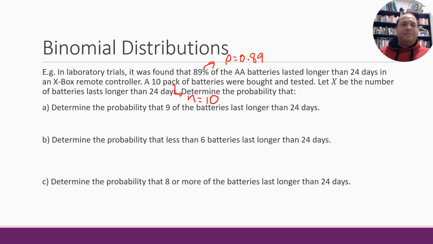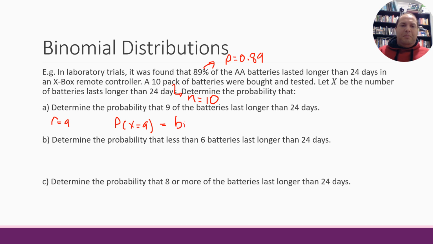apply this test to. Now, we want to determine the probability that 9 of these batteries will last longer than 24 days. Okay, so that means we're working out R equals 9. So we're working out the probability of X equaling 9, and using our graphics calculator, you can go Menu, 5 for Distributions, 5 for Probability, 5 for Distributions, A for PDF this time.